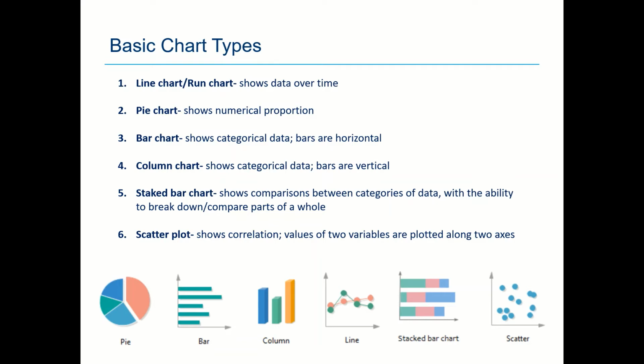And then you could have stacked bar charts. These show comparisons between categories of data with the ability of breaking it down as part of the whole. So like if we had a listing of all patients by year, you might have one bar would be 2018, the next bar would be 2019 and 2020.